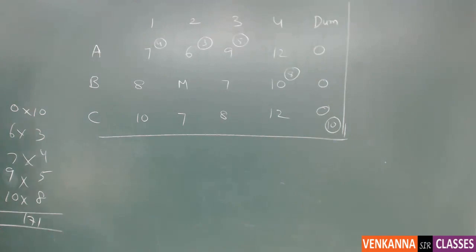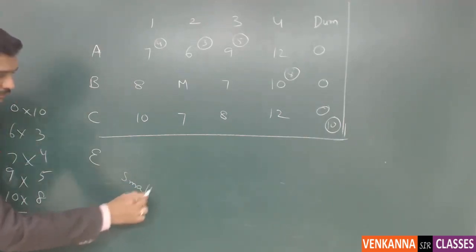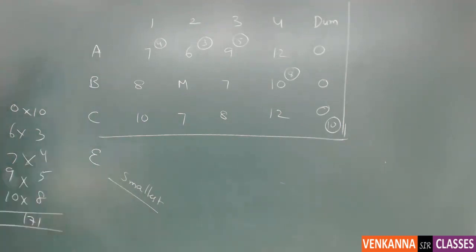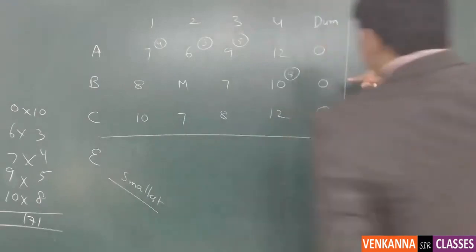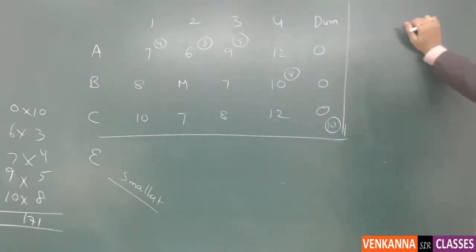Now, if you want to introduce the epsilon, right, where we need to introduce in general? So in the entire cost matrix, we should go with the smallest value. So in the smallest value, you can consider that there are two zeros. You can choose epsilon at any position.